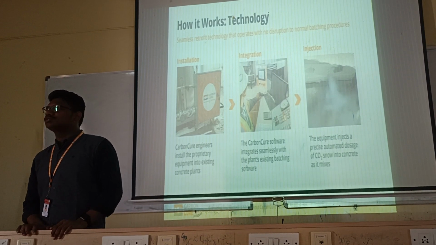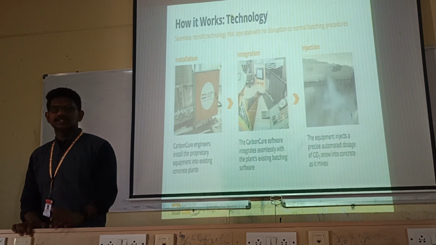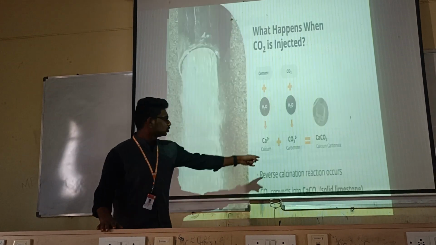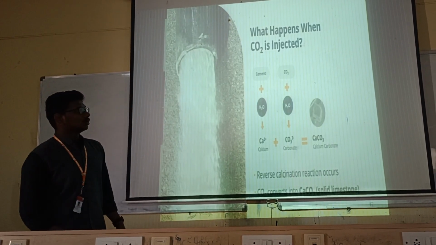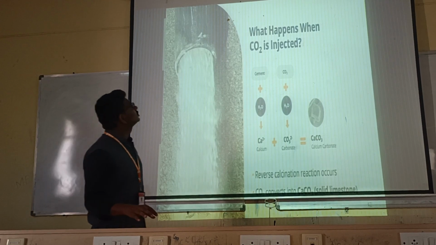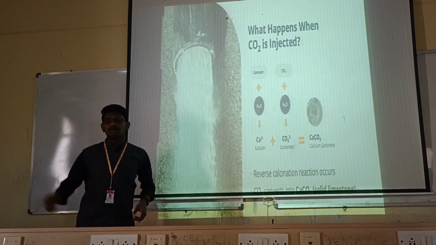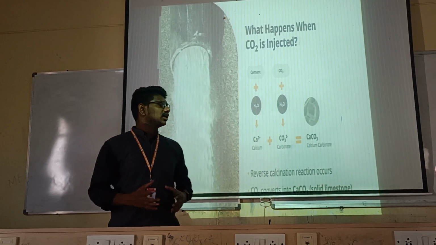To be more precise, we can say it is in the form of dry ice or like snow. It turns into snow. They look much like snow.